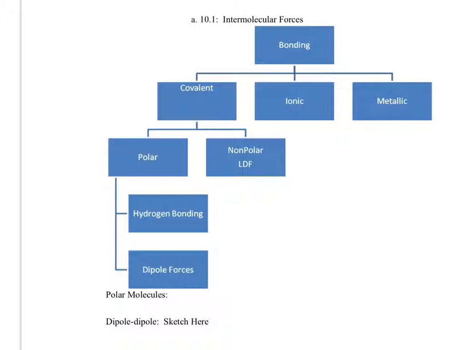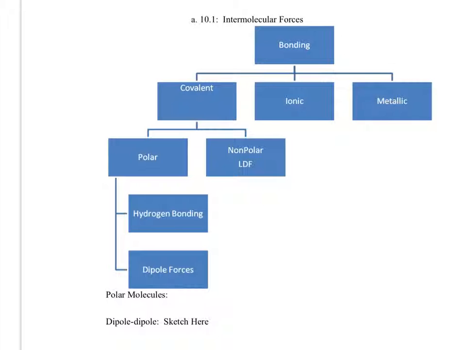So as you know, bonding, there's 3 major types: covalent, ionic, and metallic. And you know that covalent is between non-metals, and ionic is between a metal and a non-metal, and metallic is between 2 metals.